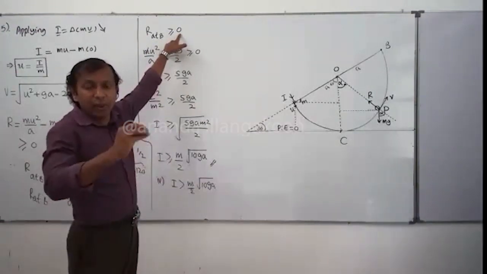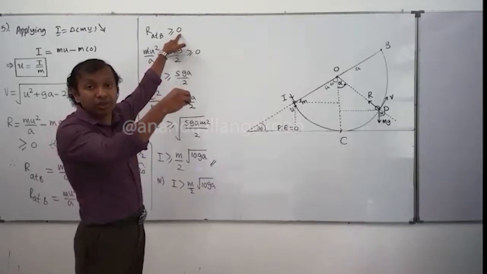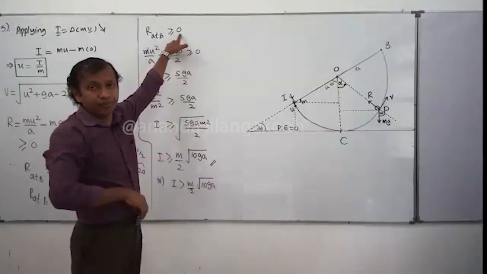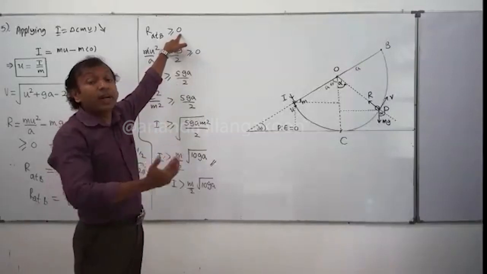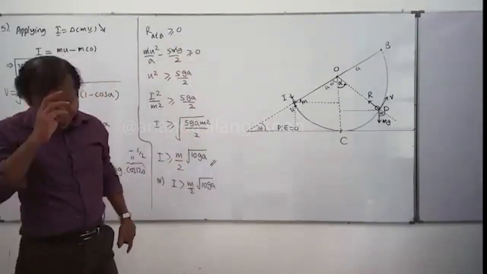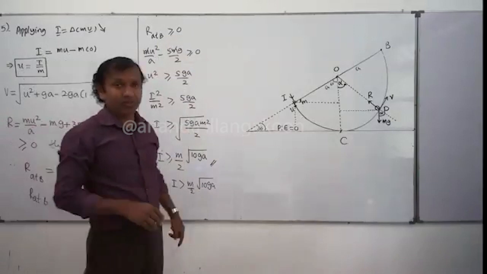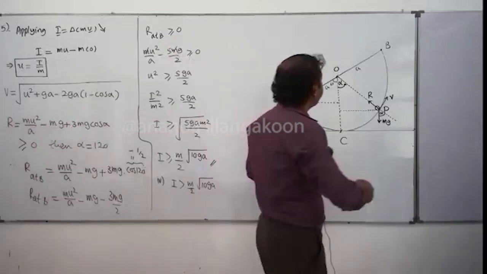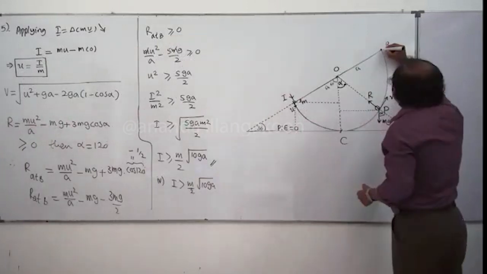That means the particle comes into the air from the point B. From the point B only, the particle comes out into the air and begins the projectile motion. Sorry, projectile motion, not simple harmonic motion. Understood?